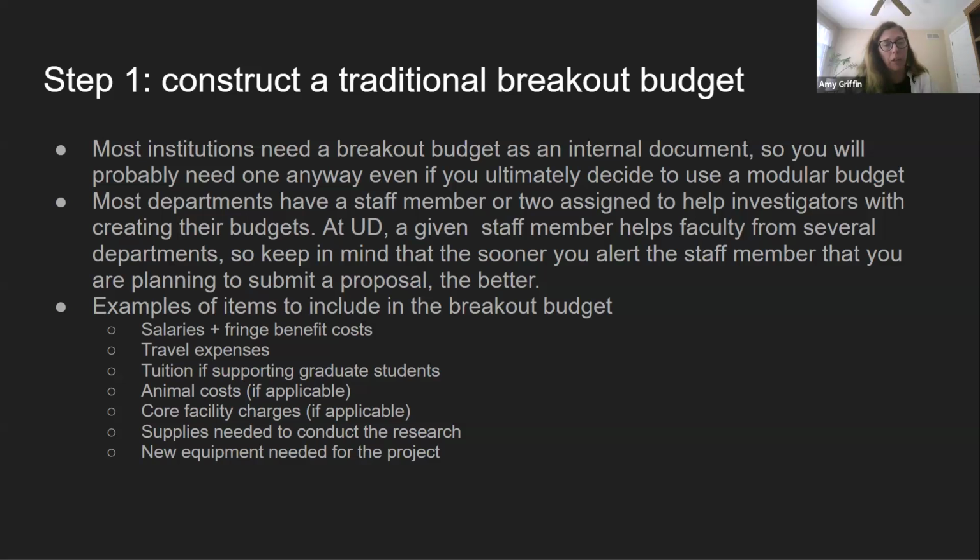Your staff member admin can also help you with that designation. So those are just some examples of items to include in your breakout budget. Your specific research may have some other categories, and you may not have some of the categories that I listed.